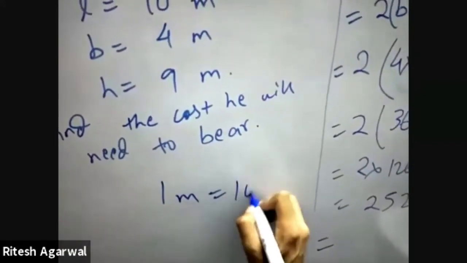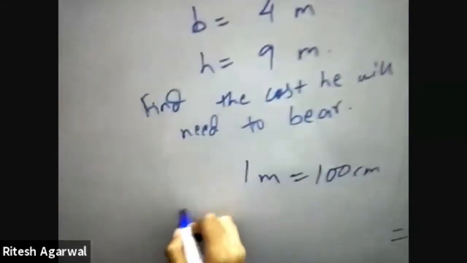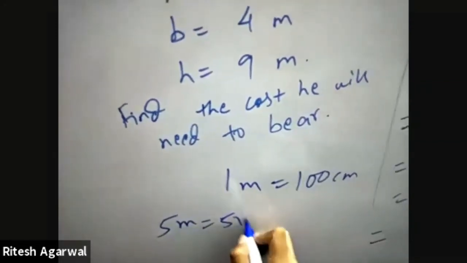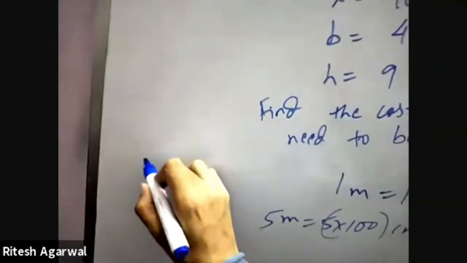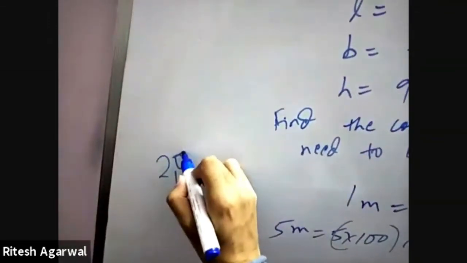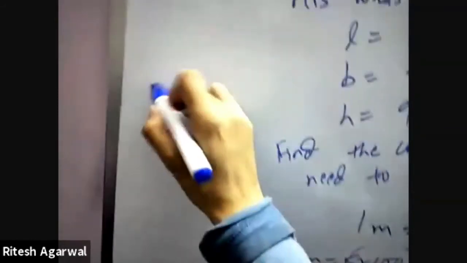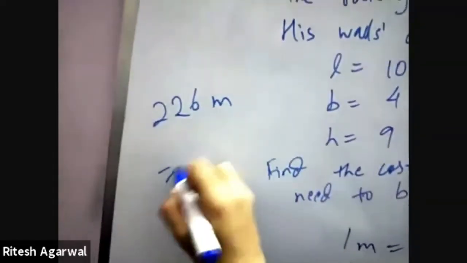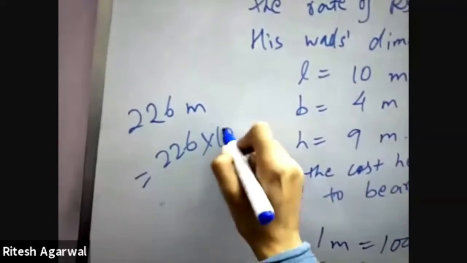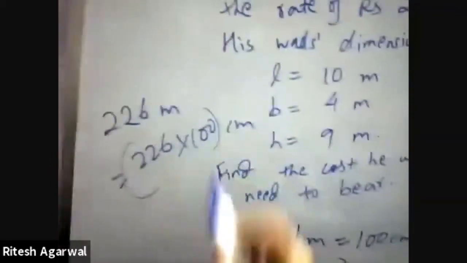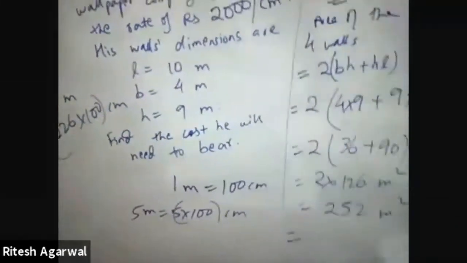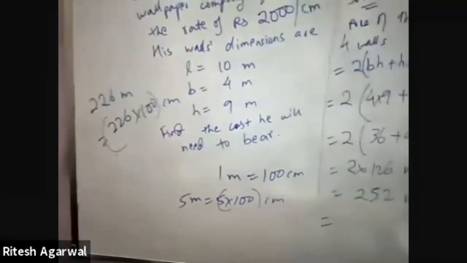Like 1 meter is 100 centimeter. 5 meter is 5 into 100 centimeter. 226 meter is 226 into 100 centimeter, which is 226 and then 2 zeros. So when you have to convert from meter to centimeter, you basically multiply by 100.